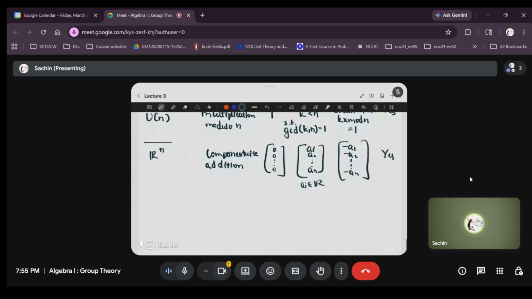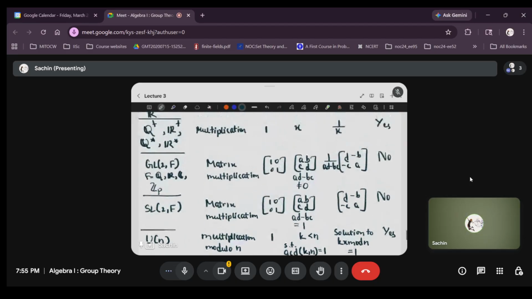The nth roots of unity, all those we'll see less and less. Okay, that's it for all the examples of groups. So we have seen quite a few examples.